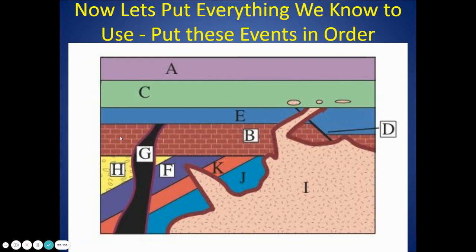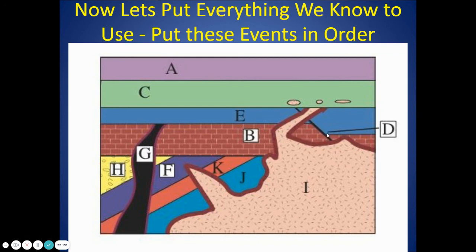Now what comes after B? Do you guys see this black one right in here? So this must be another little intrusion, and it's coming up. For some reason they made it old and black, maybe because it's just an older version. So now G comes up. See, he doesn't go up into E at all. So we've got J, then K, then F, then H, then B, and then G, and then we have E. But do we notice this black thing over here?